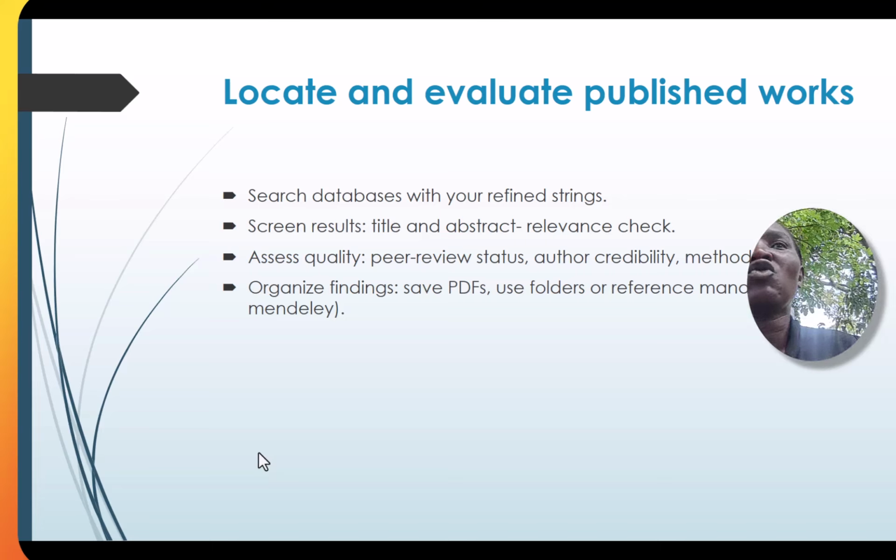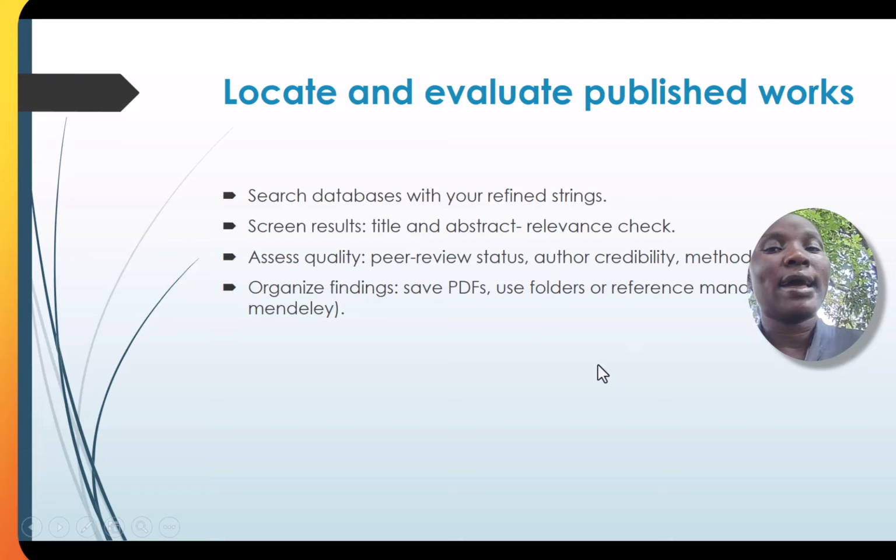So here we need to check also if the author has something interesting. And also we need to organize findings, like save PDFs, use folders or a reference manager, for example Mendeley, which we are going to see briefly in our next videos. I will show you well how to use Mendeley and also how to install it.